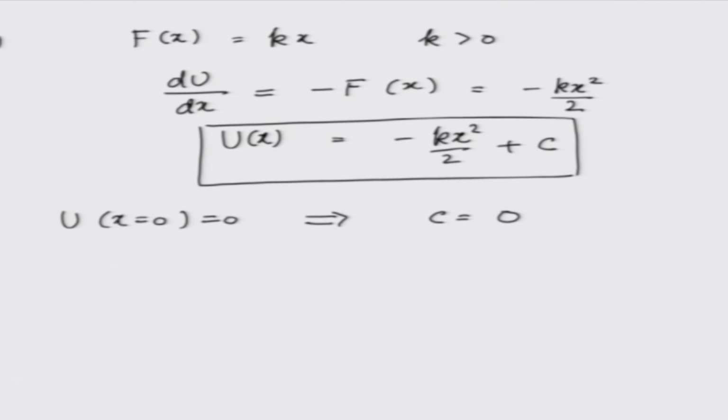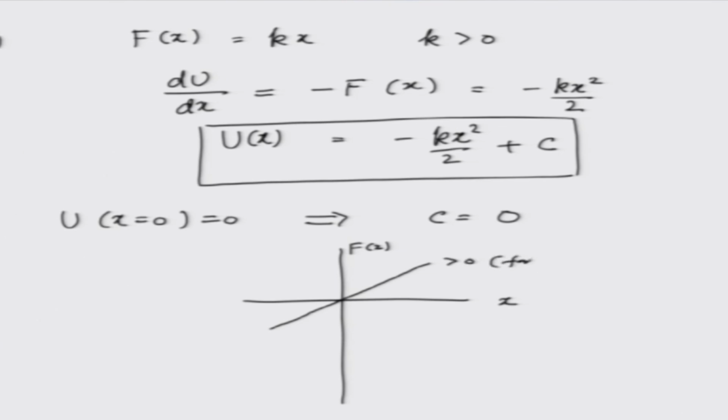How about the plot of the force and the potential? I will do it one under the other. If I plot the force Fx versus x, you can see that the force is a straight line. It is greater than 0 for x greater than 0 and less than 0 for x less than 0.